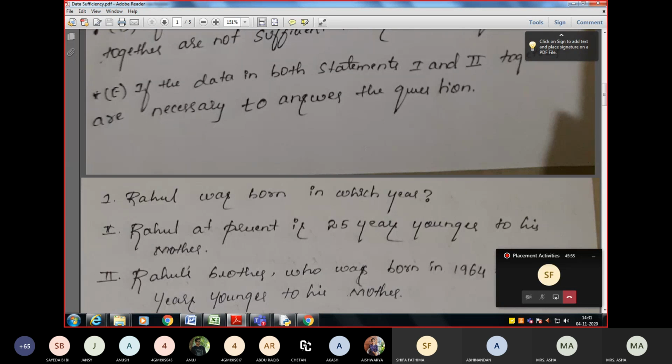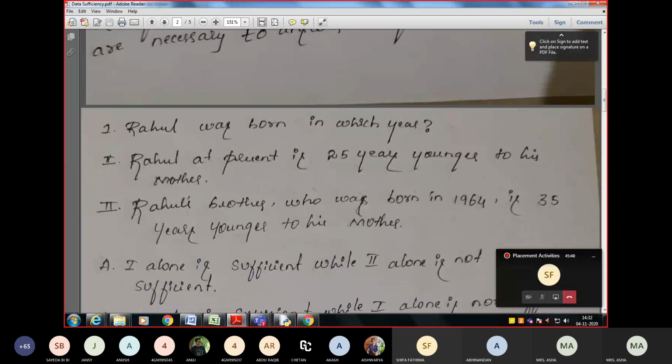So first question. Rahul was born in which year? Statement first. Rahul at present is 25 years younger to his mother. Second statement. Rahul's brother, who was born in 1964, is 35 years younger to his mother. So here options are given.